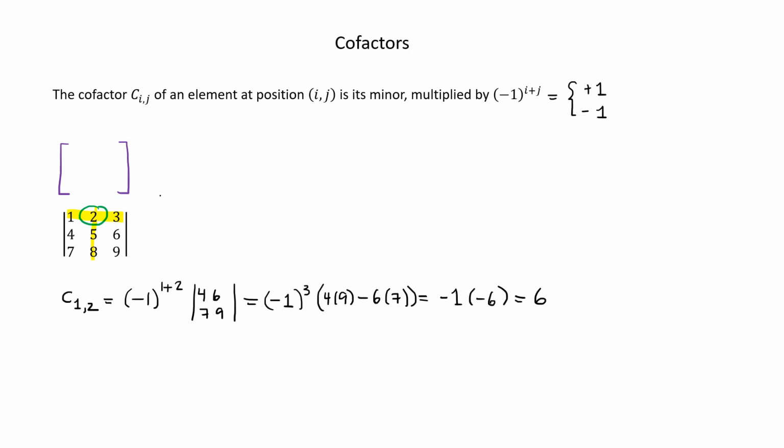It doesn't matter what the values in the matrix are. So if we start out with i equals 1 and j equals 1, we have -1 to the 2, which is 1. So rather than writing 1, -1, 1, -1, I'm going to just write pluses and minuses. So this is going to be plus.